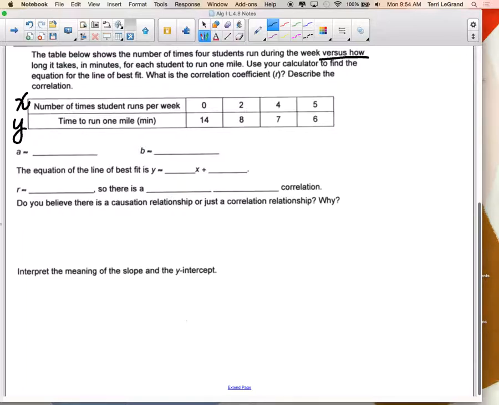I'm going to put what you probably should get, except I rounded to the nearest tenth. Why did I do that? What do you get, AJ? Negative 1.51.